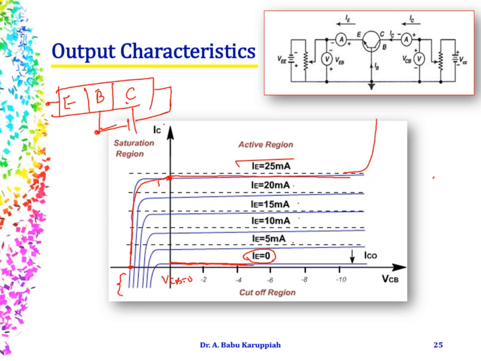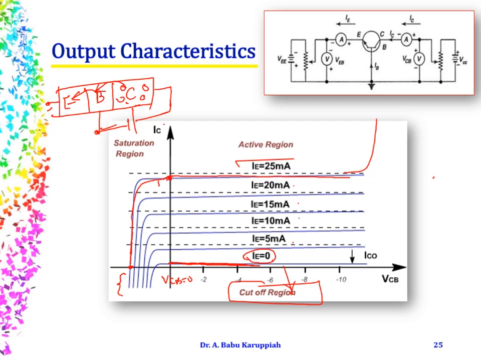So what happens? There are holes, which are minority carriers, and these holes are going to be pushed from here to here, and from here to here. And so there is going to be some amount of current that flows because of the minority carriers, and that is this line, below which the region is called the cutoff region, where you do not have any current flowing in the transistor.